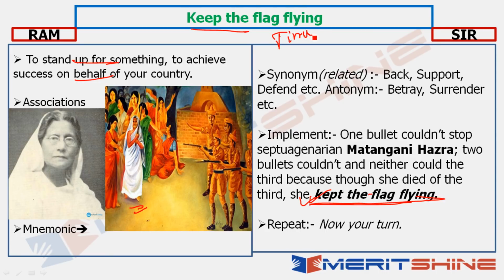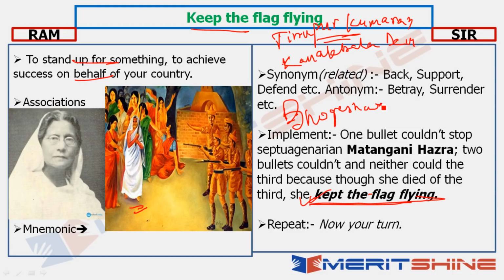Tirupur Kumaran, a 25-year-old lad who was shot by British police, but the flag did not go down. Kanak Bala Devi, Bhogeshwari Fukanani, and who would be the other?